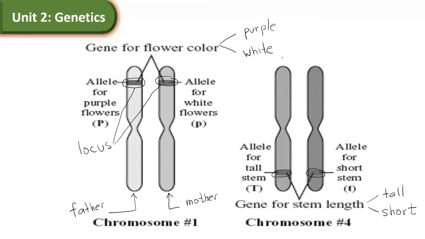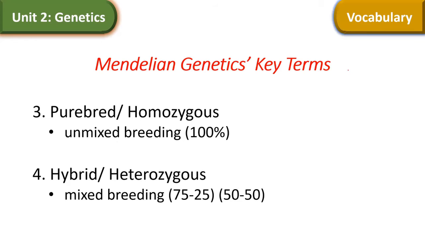And also with this side, it can be from the father and also from the mother. So this is what I mean by both parents, the mother and the father, contribute to the development of your offspring. So number 3 and number 4 of the key terms, we have purebred or homozygous.